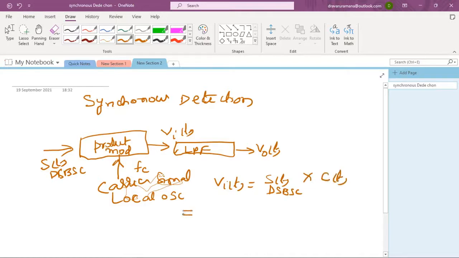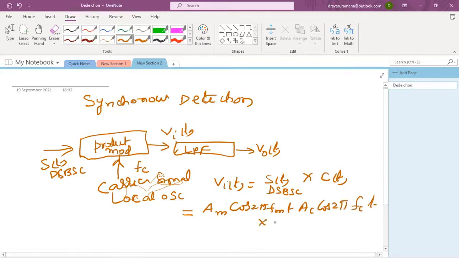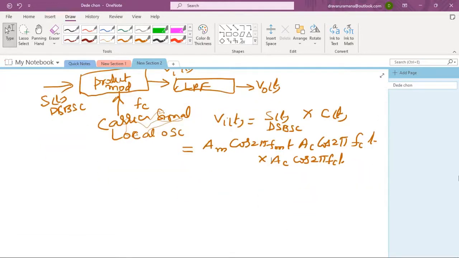So DSBSC modulated signal is nothing but m(t) multiplied by c(t), that is Am cos 2 pi fm t into Ac cos 2 pi fc t. This is the DSBSC signal. It is multiplied by the carrier c(t), Ac cos of 2 pi fc t.